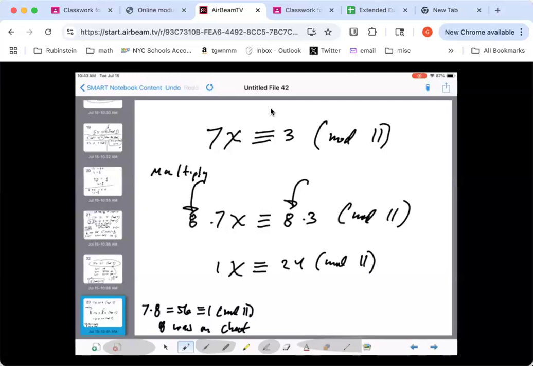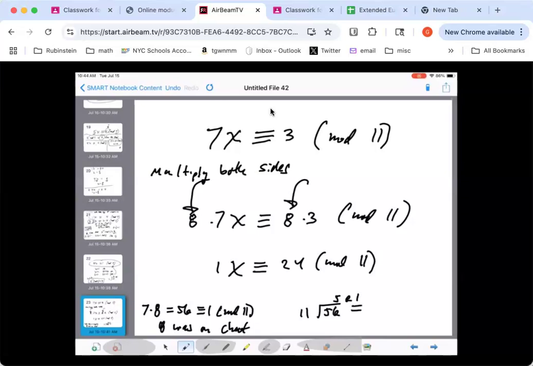So how is 56 equal to 1 mod 11? 11 times 5 is 55, which is 1 less than 56. Or said another way, 56 divided by 11 is 5 remainder 1. Okay.